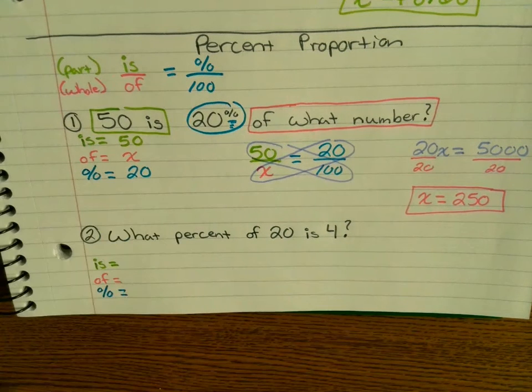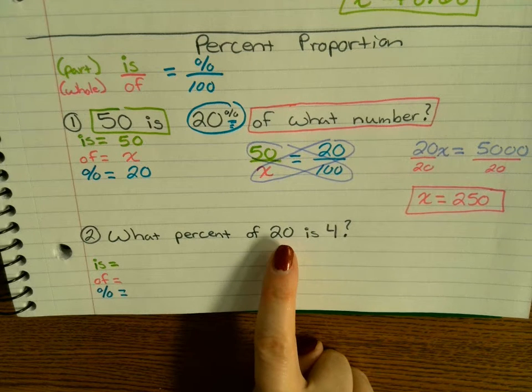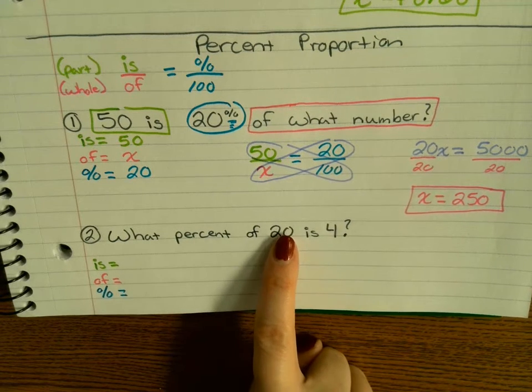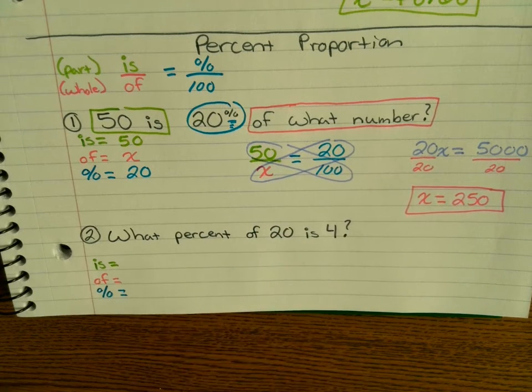So let's just go through the problem. 20. 20 is the first number I see. Is that an is, an of, or a percent? Of, right? It says of 20. That's my of.